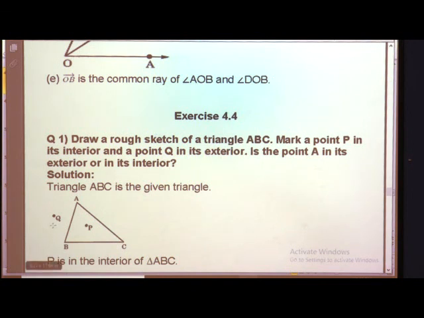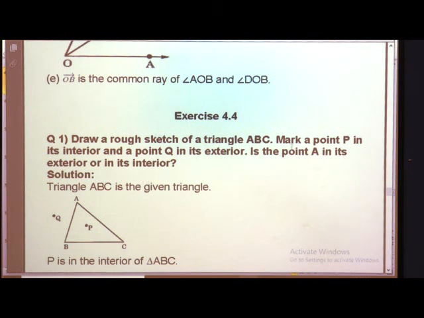Interior means inside. So, this is the point P which is marked in the interior of the triangle, and we have to mark a point Q in its exterior. Exterior means outside the triangle. So, Q is the point marked here in the exterior of the triangle. So, this is the interior point P and this is the exterior point Q. And the other question asked is, is the point A in its exterior or in its interior?